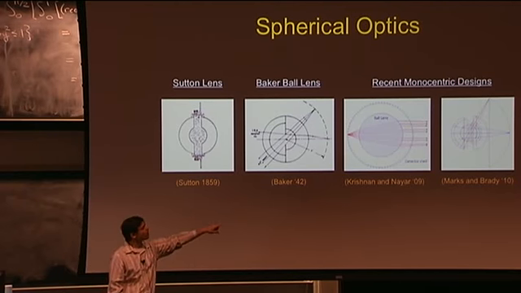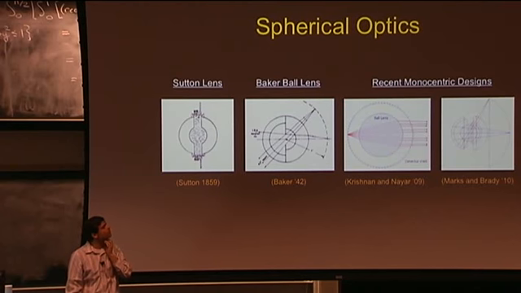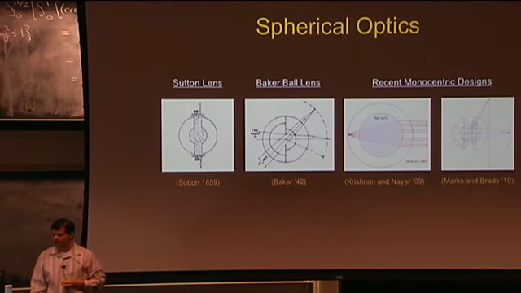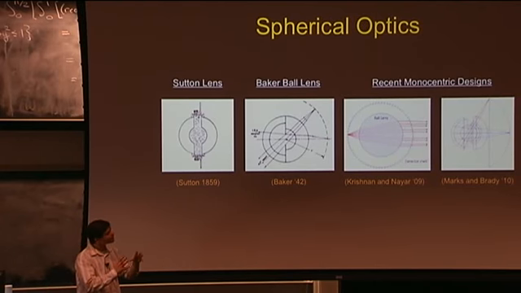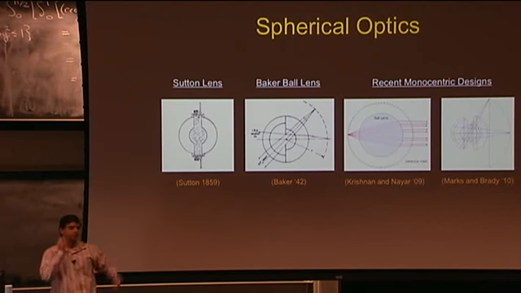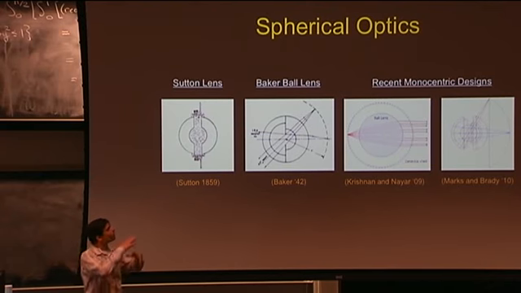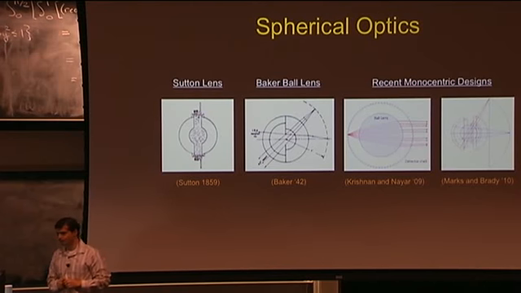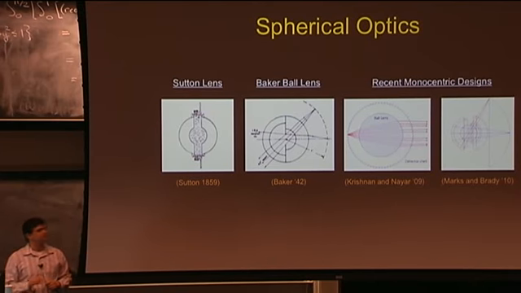And then Marks and Brady just recently proposed this Gigagon design, which is a relatively complex design. It uses 6 concentric spherical shells. It's relatively complex, but also extremely high performance. It can image up to 40 gigapixels across a 120-degree field of view. It's an f2, 280 millimeter focal length lens.